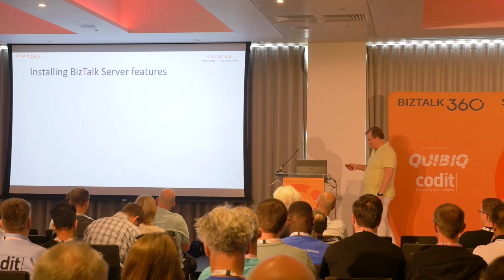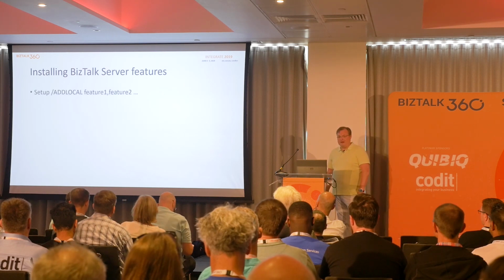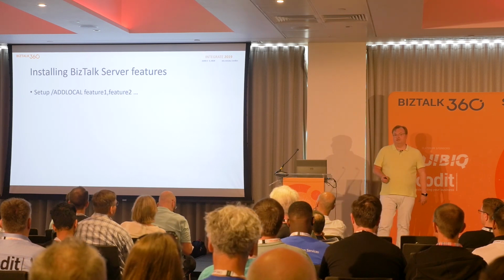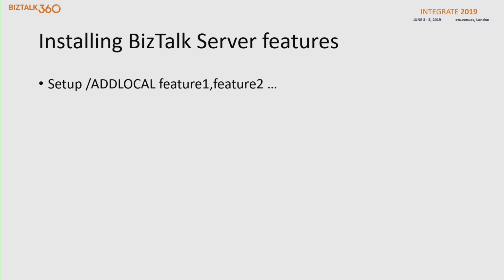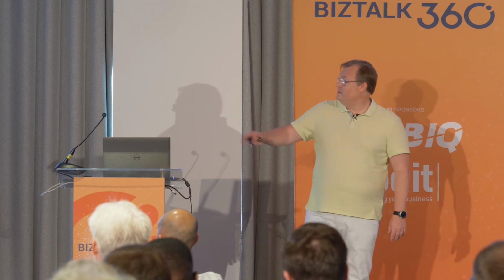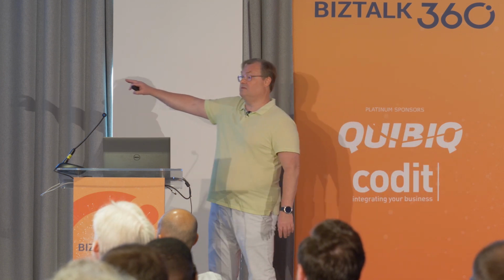The Windows feature, the BizTalk features. You could run a setup /add local and then a list of all the features. I prefer actually this one. You can export a configuration file. Anyone done that? Yeah? You can run configuration.exe and you can export there. In the bottom of that file, you actually have a list of all the features you selected for that environment.